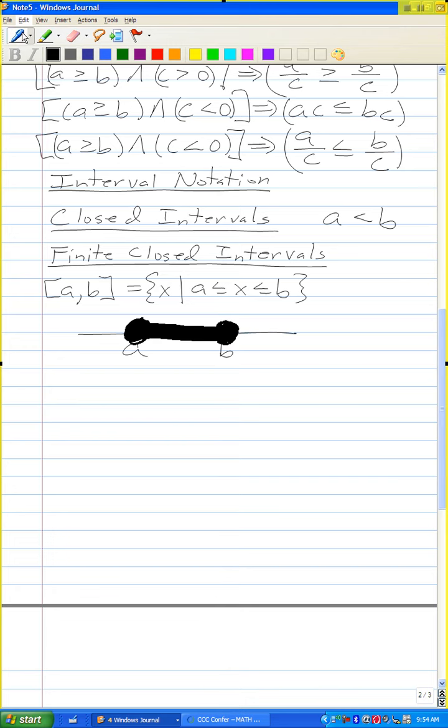I also have the singleton. So this is just the singleton A. This is just a set of all... Having some technical problems here.